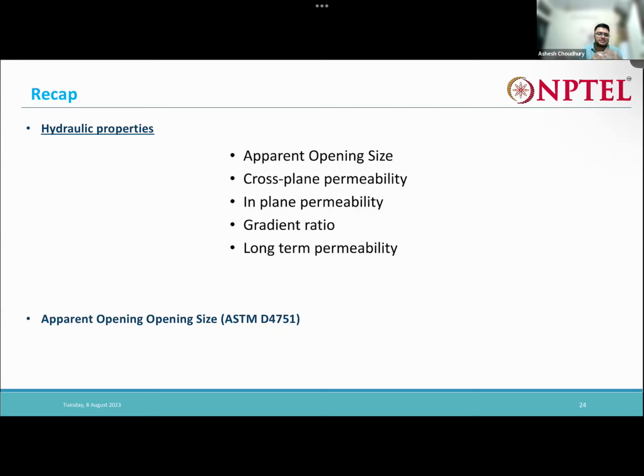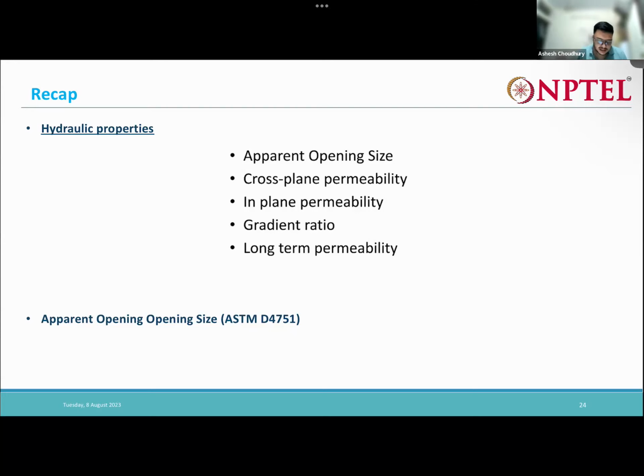We sieve glass beads of specified, particular size. It is the same as the sieve analysis which we do with soil, right? Similar to that.